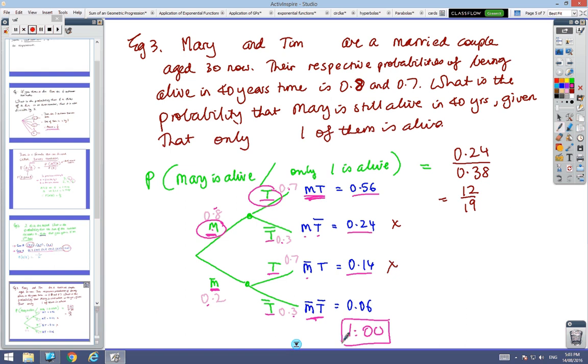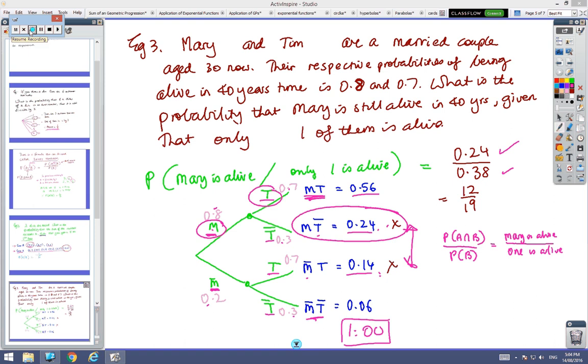So in this particular question, what's the probability that Mary's alive given that these are the only 2 things that can happen? The other outcomes don't happen because the question says that only one of them is alive. So Mary alive is 0.24, divided by the 2 things that are happening, which is 0.38. Then just move the decimal places 2 places and you get 24 over 38, which is 12 over 19.